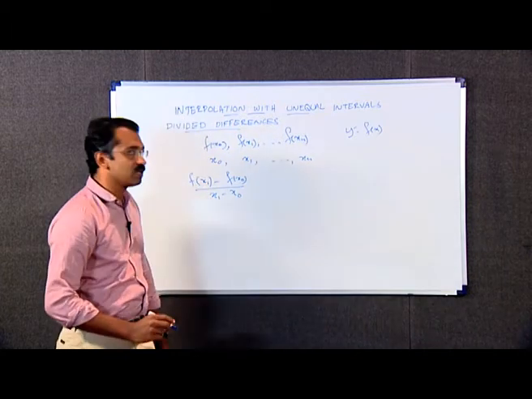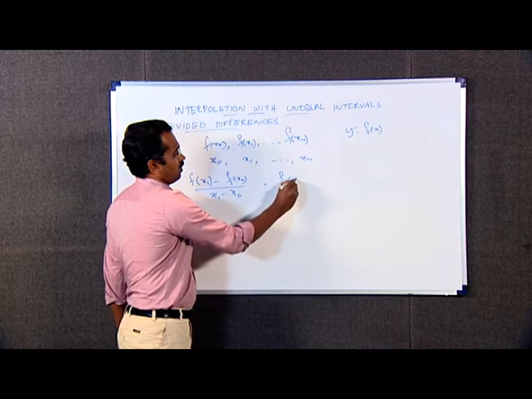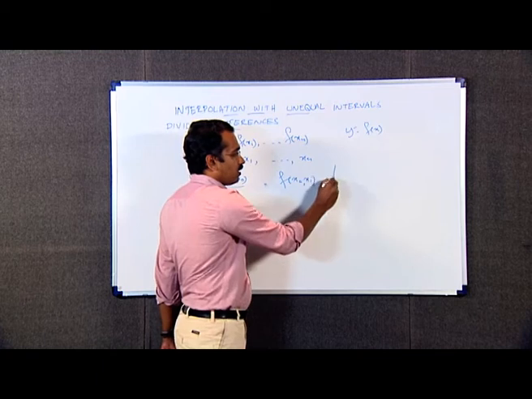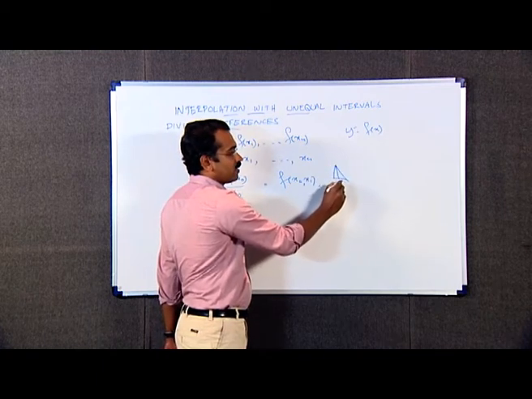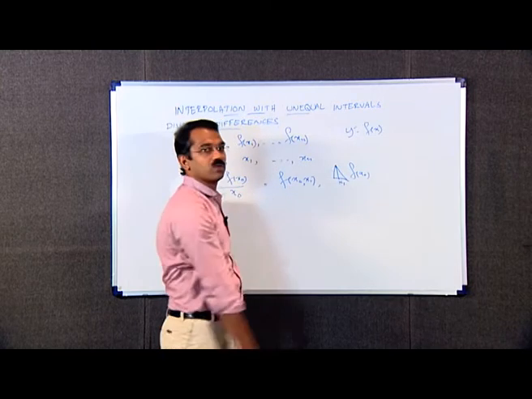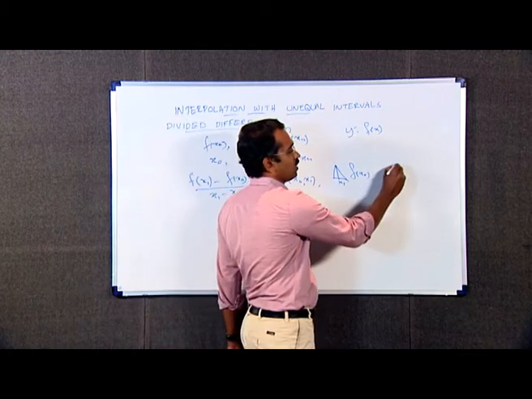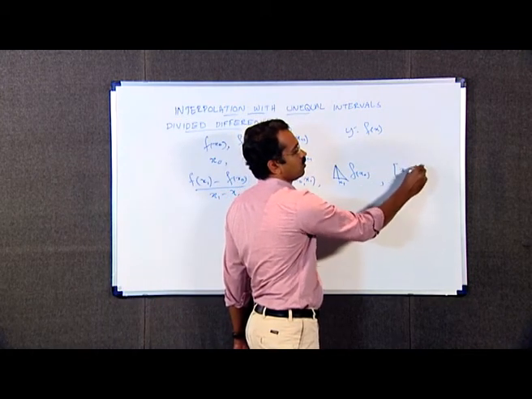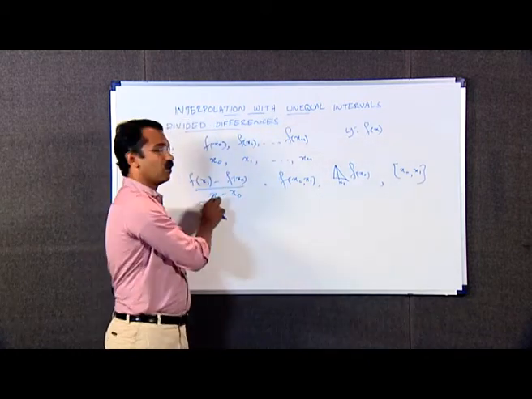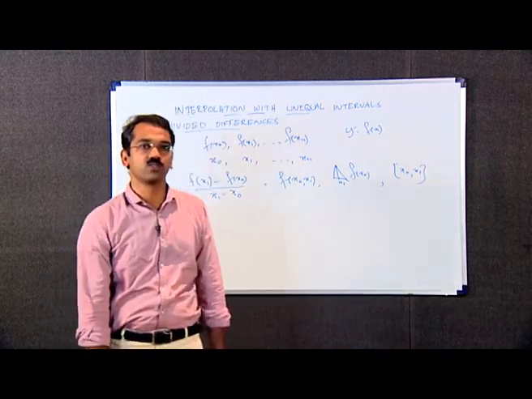It is denoted as f of x naught comma x1, or divided delta f of x naught, here we use x1, or another notation is x naught comma x1. These three are the notations of the first order divided difference corresponding to the arguments x naught and x1.